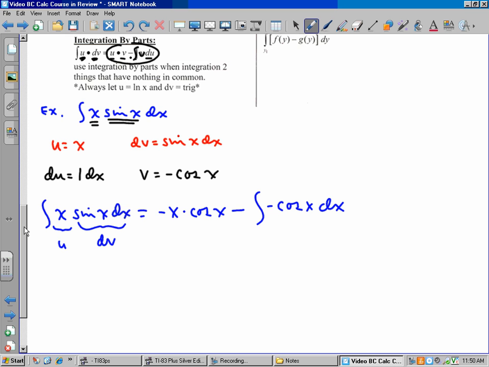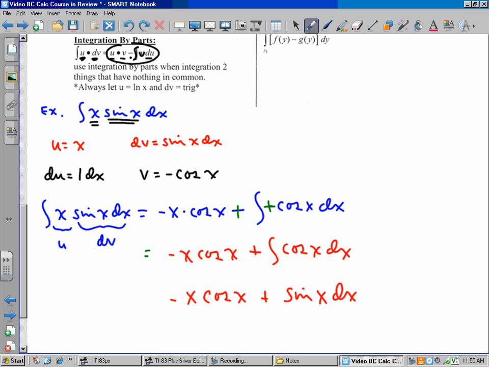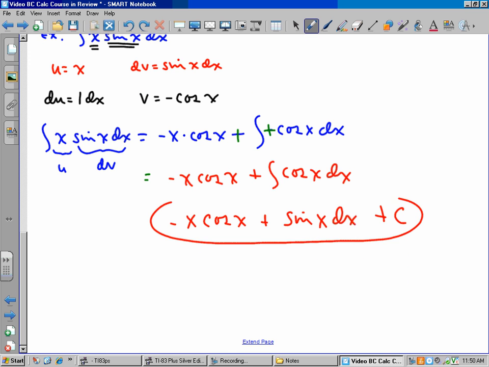Of course, I could pull this negative out in front, and it would make that positive, and then I would get negative x cosine x plus, I have to integrate the cosine x, and when I integrate the cosine x, I get the sine of x, because the derivative of the sine is the cosine. And don't forget about your plus c at the end. So that would be my answer for integration by parts.